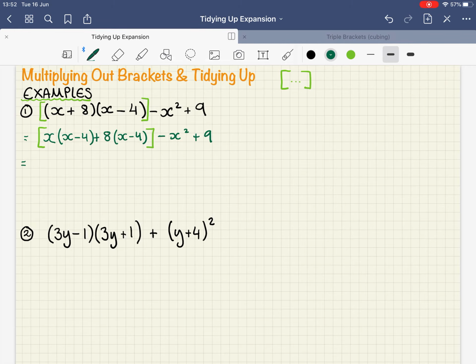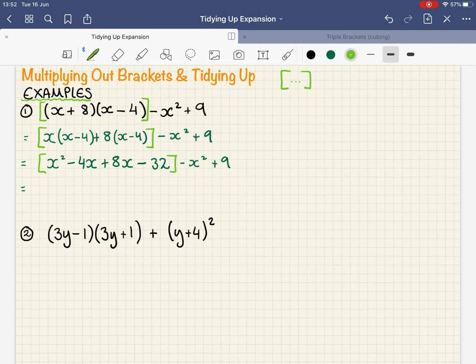Then I'm going to do my expansion. So expanding that first bracket, I'm going to have x squared minus 4x plus 8x minus 32. And that minus x squared plus 9 is still going to be there.